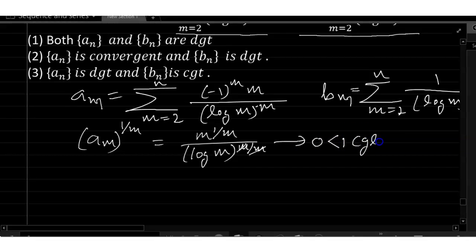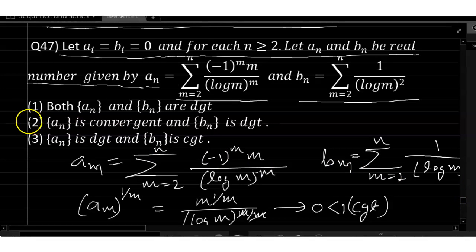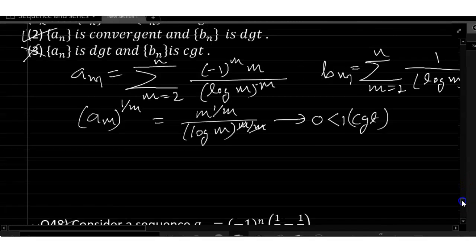So it is convergent sequence. So both an and bn are divergent, this is wrong. And an is divergent and bn is convergent, this is wrong. Option 2 is correct because bn is divergent.